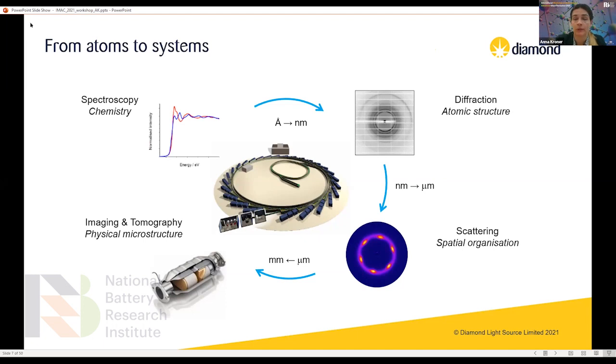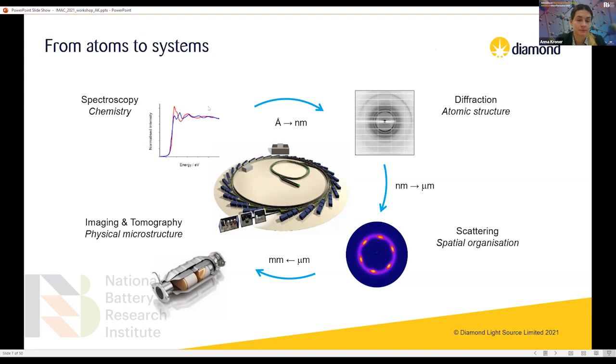So spectroscopy, specifically X-ray absorption spectroscopy, we look at the local structure, so we are talking about atomic resolution. Diffraction, when we deal with small molecules, again atomic resolution, but on the large molecules, we can go up to nanometers. And then scattering is probing the sample from nanometers to micrometers.